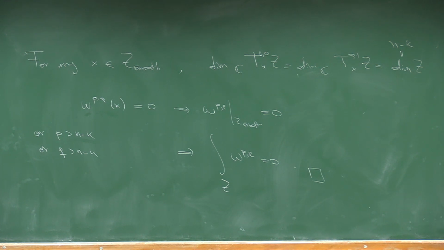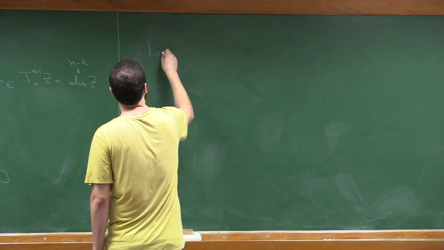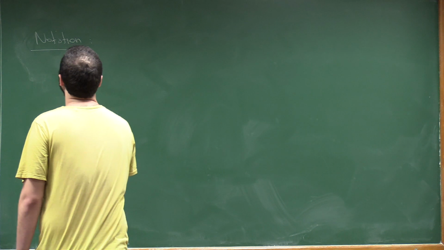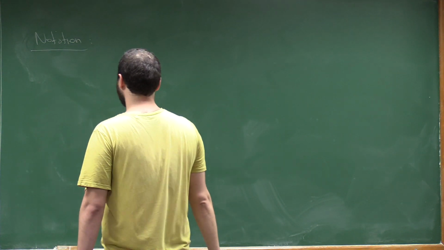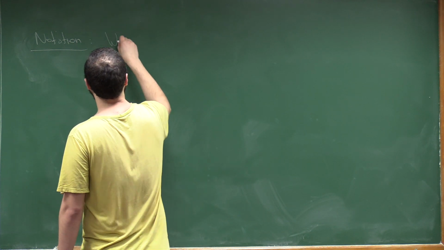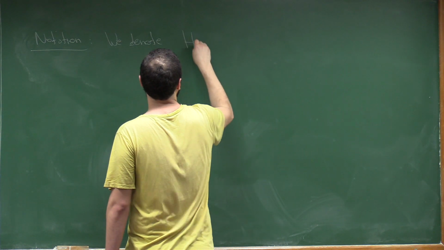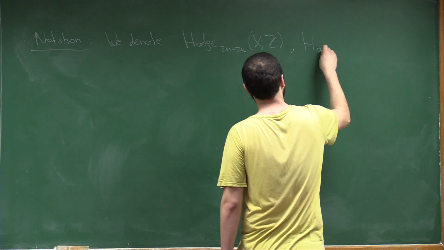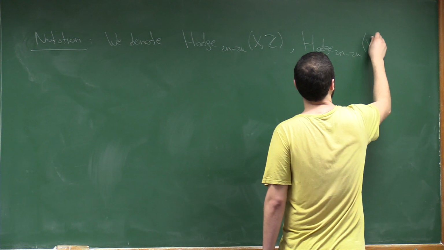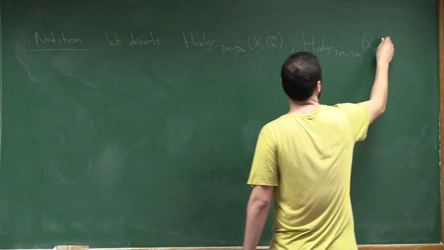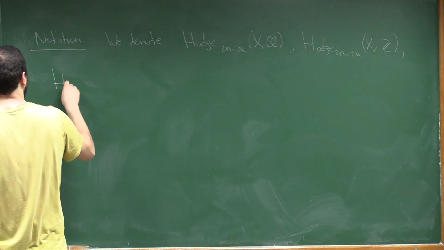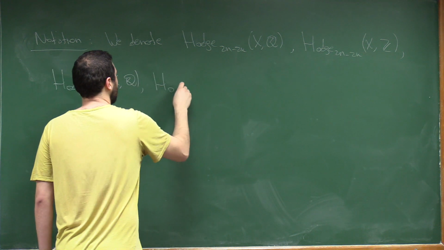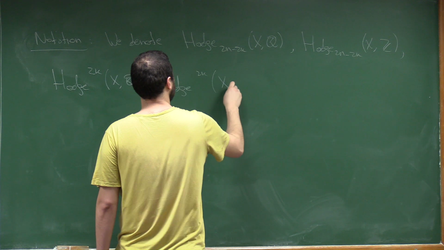Okay. So let's denote some notation. We denote Hodge^{2k}(X,Q) and Hodge^{2k}(X,Z).